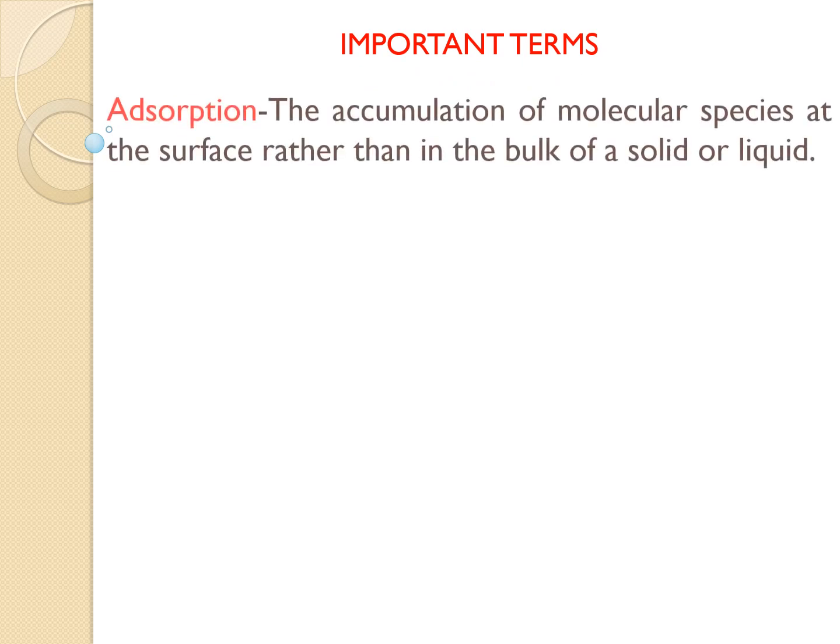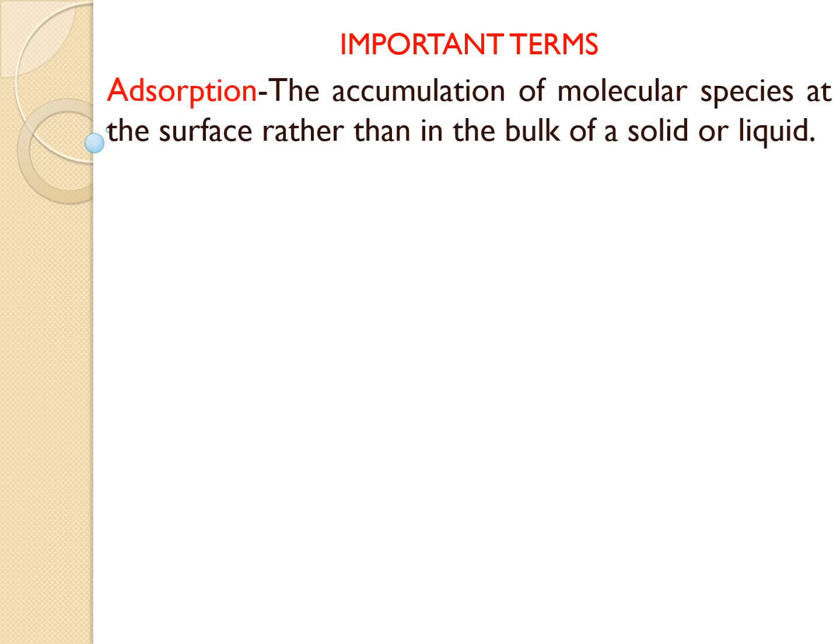Adsorption, adsorbate, adsorbent. These are the important terms associated with adsorption that we should try to understand. So here are the important terms. Number 1, adsorption. It is accumulation of molecular species at the surface rather than in bulk of a solid or a liquid.